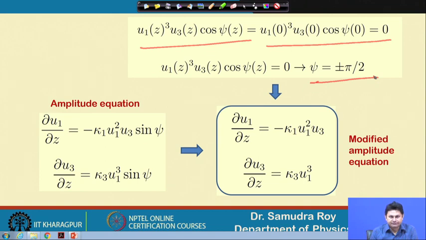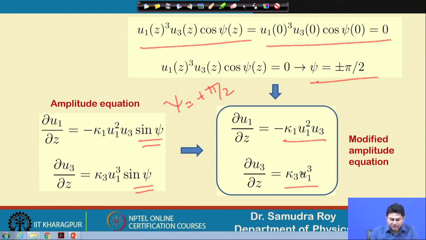Then only this quantity is equal to 0. Once we put psi equal to, say, plus pi by 2, let us put plus pi by 2 first, then this amplitude equation is simplified. This phase term or psi term will vanish, because sine of pi by 2 is equal to 1. So, this term will just vanish, and instead of this term we have 1.